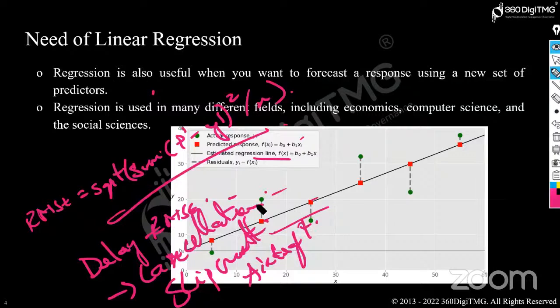So these are certain predictions your model can recognize. So it can predict.